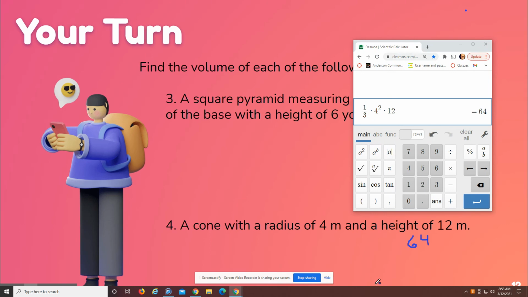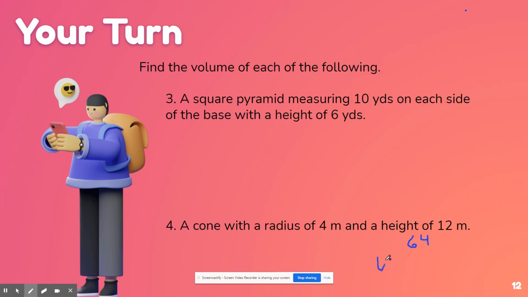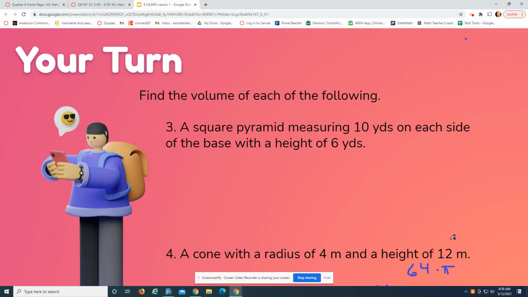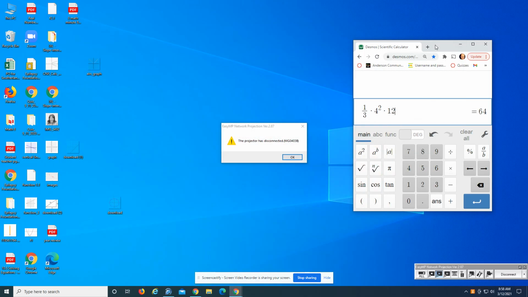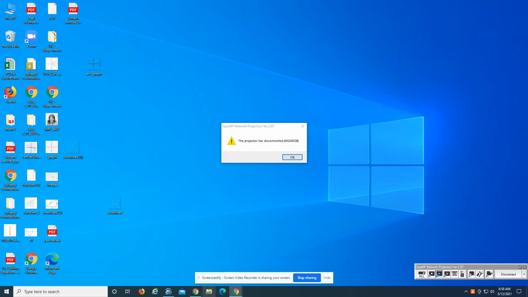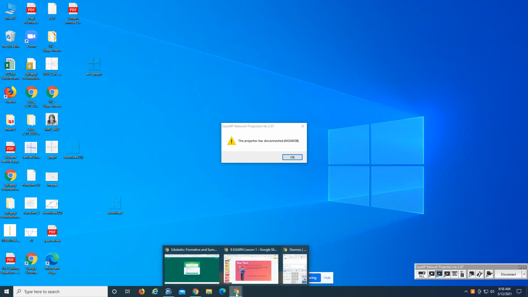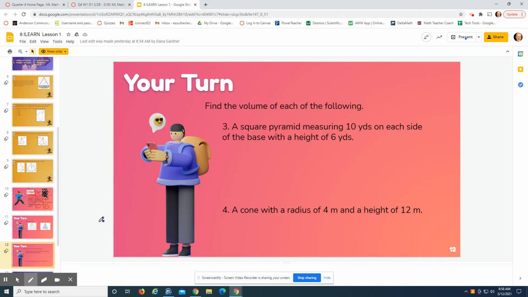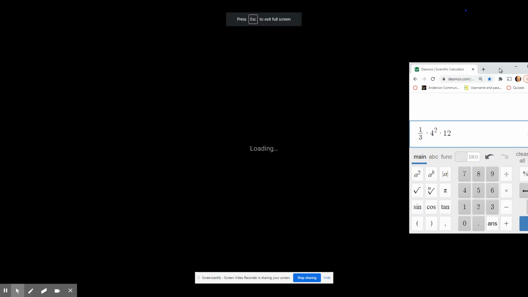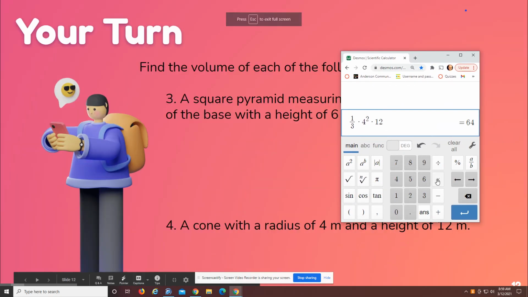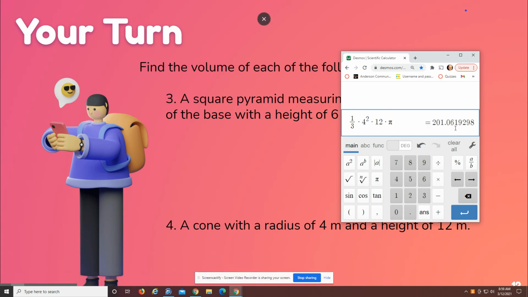And then for the volume, we would just take that and multiply it by pi. Sorry, the calculator keeps hiding behind the screen here. So we would take 64 pi, multiply that by pi, and that would give us 201.061.